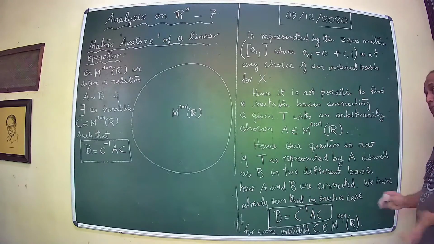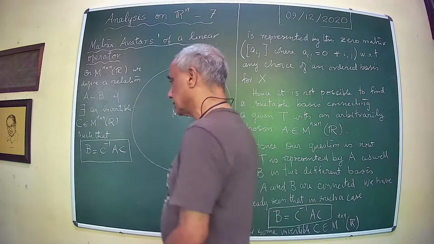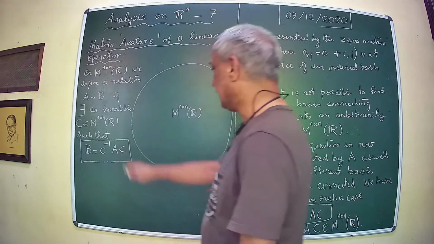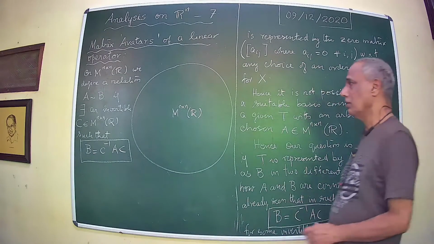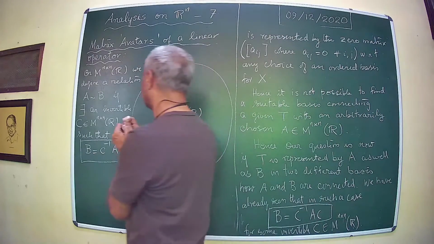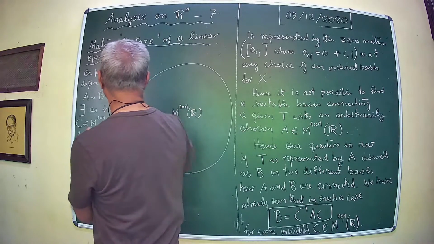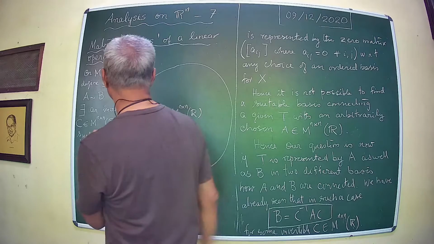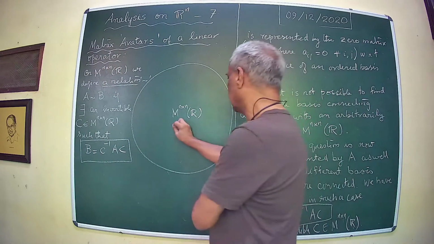But A and B may be related, if they represent the same linear transformation with respect to different bases. In that case, there is a C that connects them. So that's a relation that you can define on M n cross n.